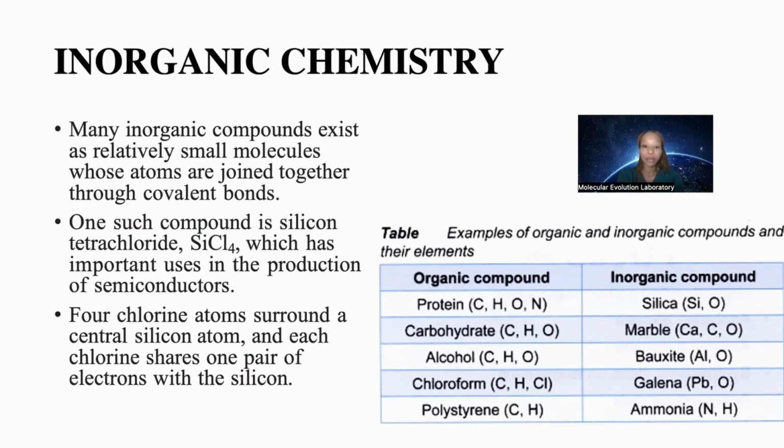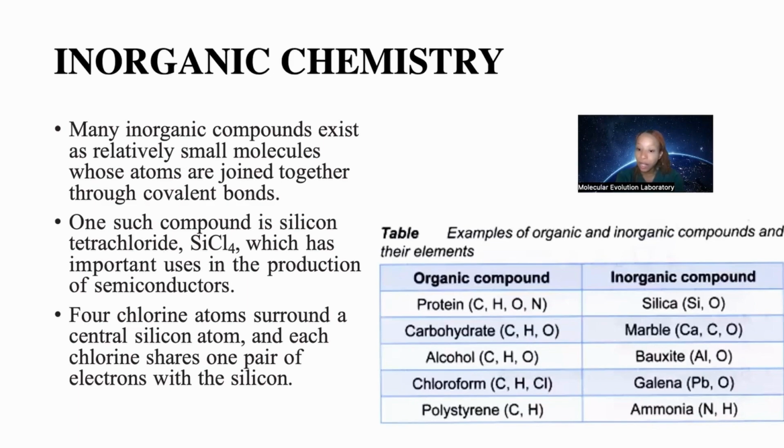Four chloride atoms surround a central silicon atom, and each chloride shares one pair of electrons with silicon. These are examples of organic compounds and inorganic compounds. Proteins, carbohydrates, alcohol, chloroform, these are all organic compounds. And as we've said before, organic chemistry tends to focus on carbon.